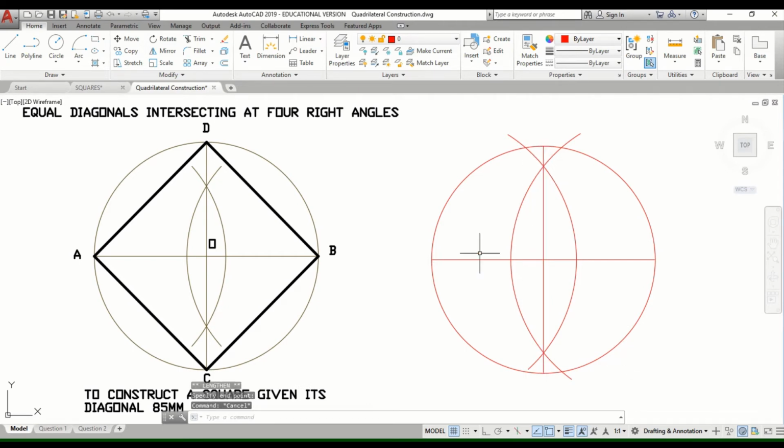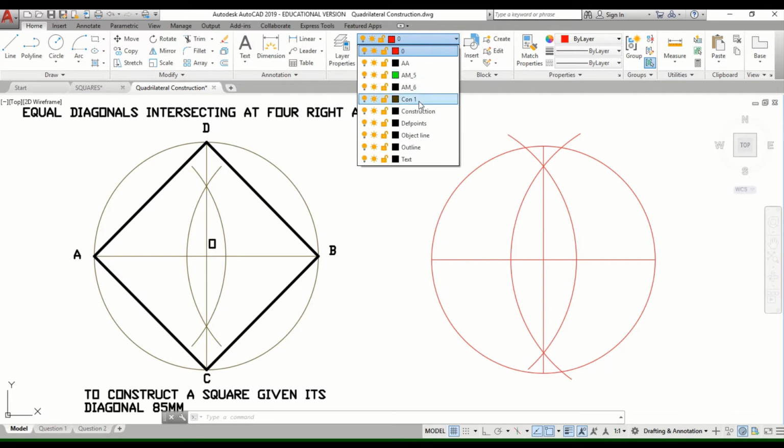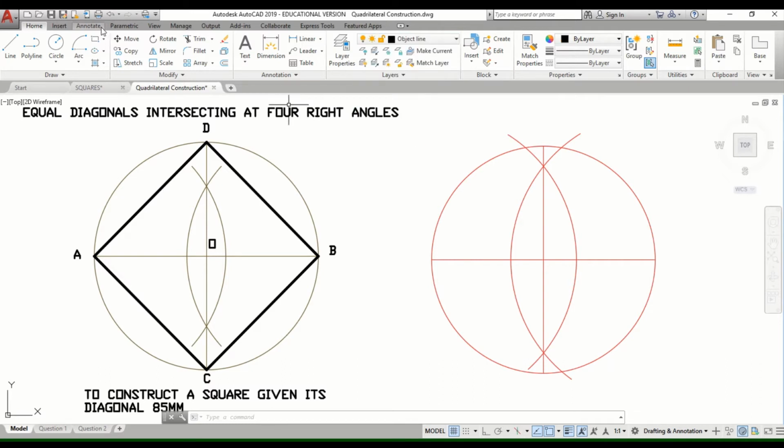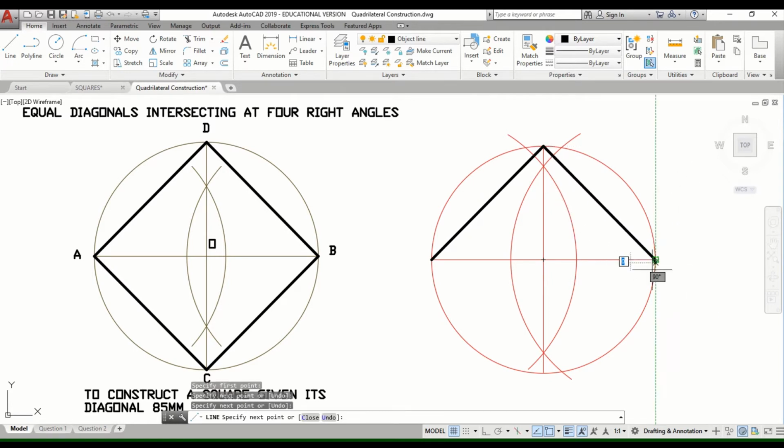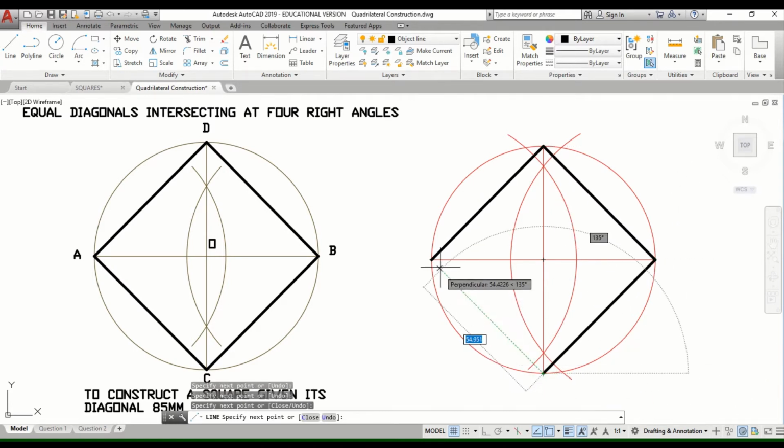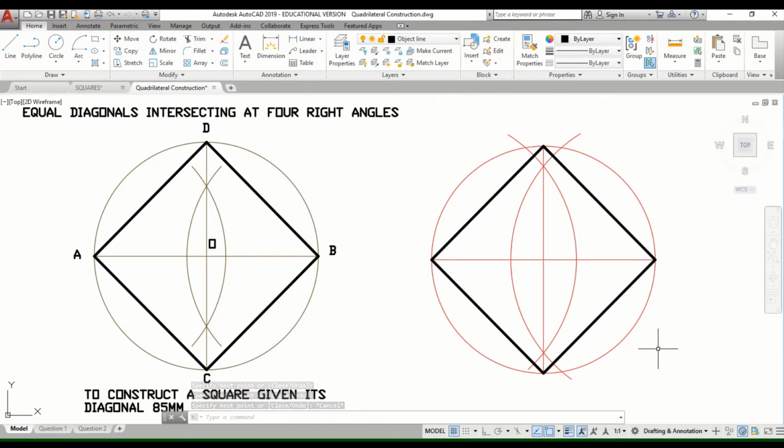So where my diagonals intersect and touch the circle, those are now the corners of the square that I'm looking for. So I use the line tool and connect the four points. Escape, and that completes the construction of a square when given its diagonals.